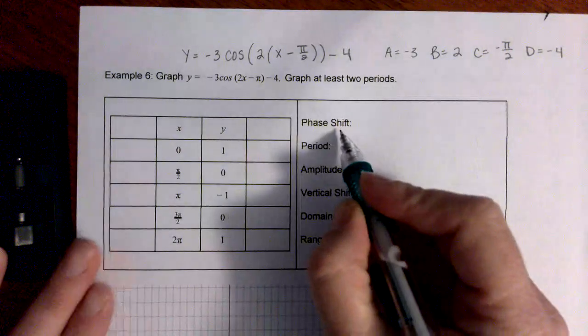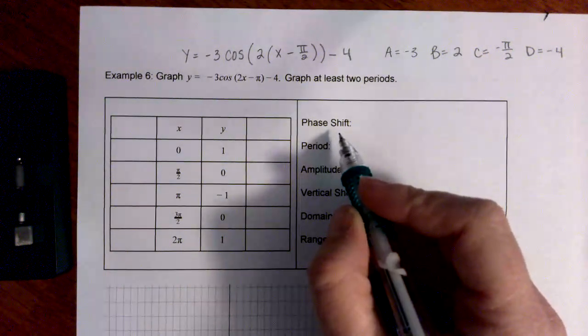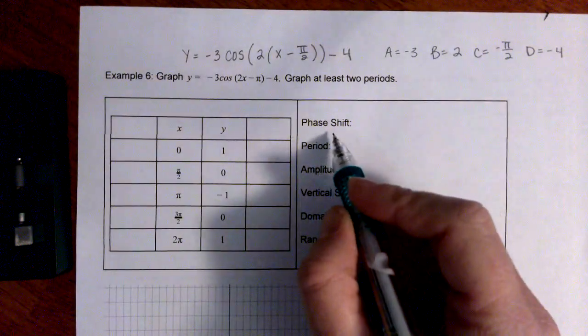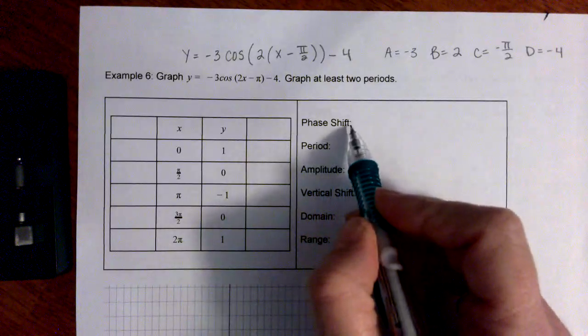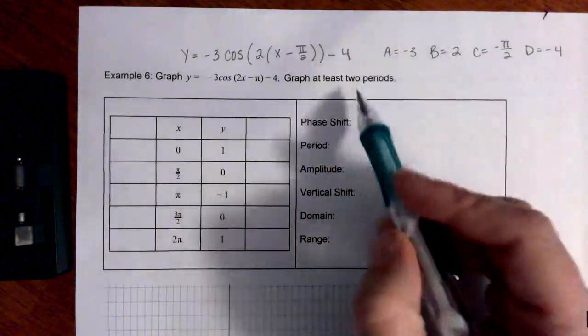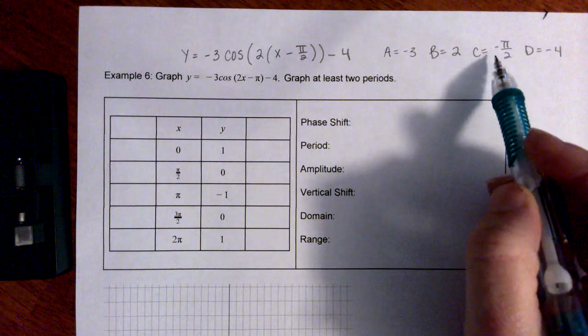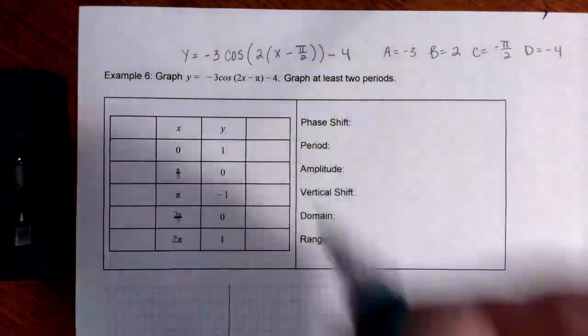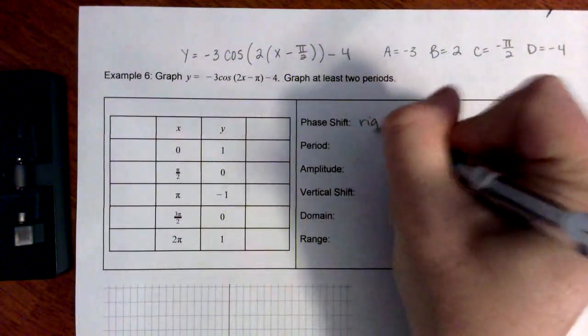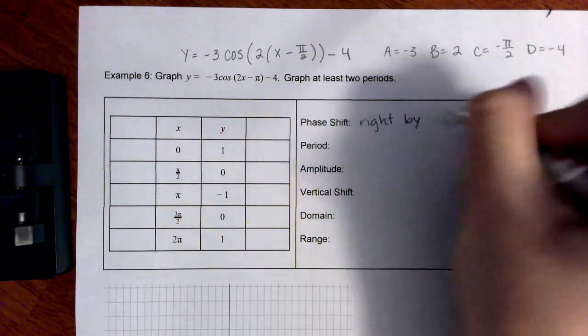Okay, so our phase shift, that is a fancy word for our horizontal shift. So for our horizontal shift, we look at C. Since C is negative, that means we're moving right by pi over 2.